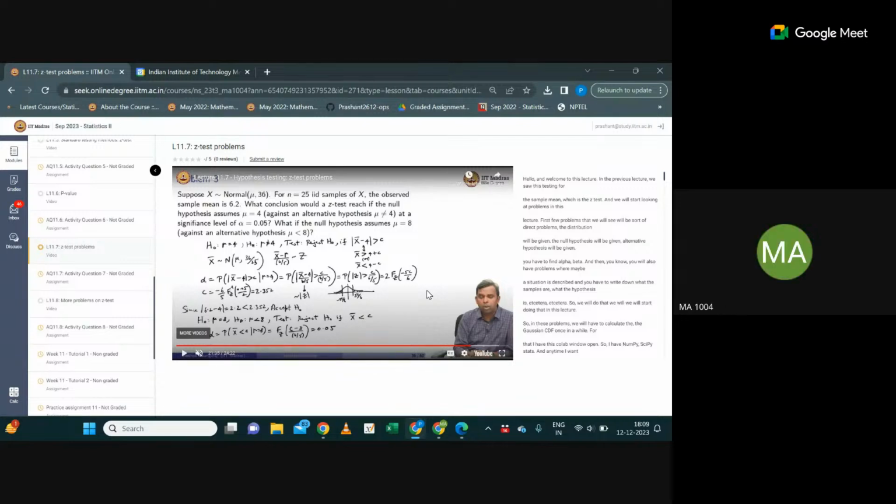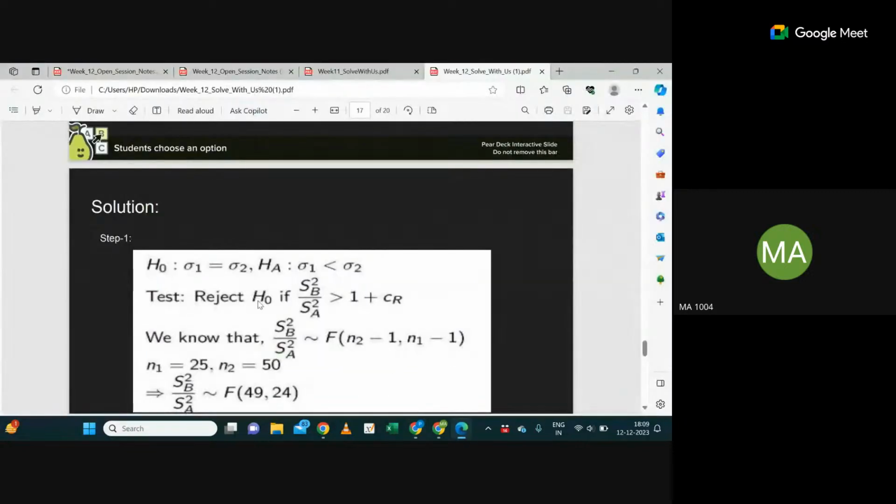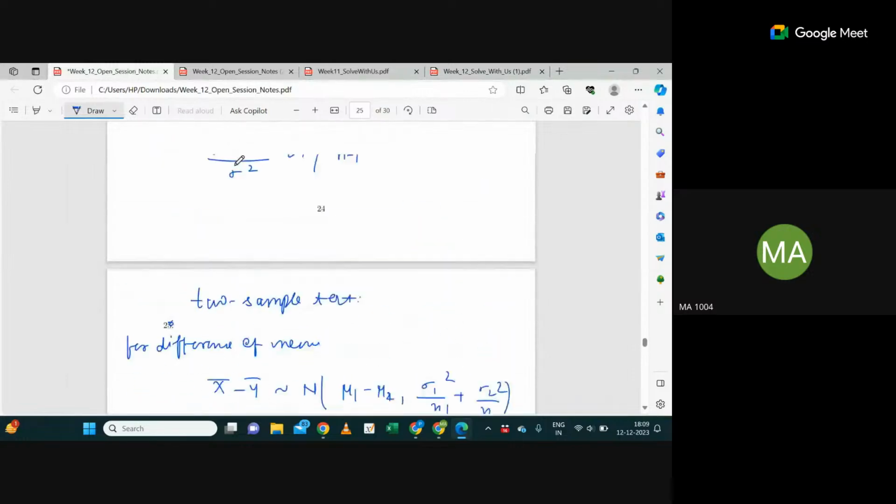Basically, the key thing I'm trying to say is that we are going to see how far my x bar is, whether x bar is greater than mu plus c, or x bar is less than mu minus c. If it's one tail, I will simply say x bar is greater than c, because we are talking about something like that. Let me draw it.